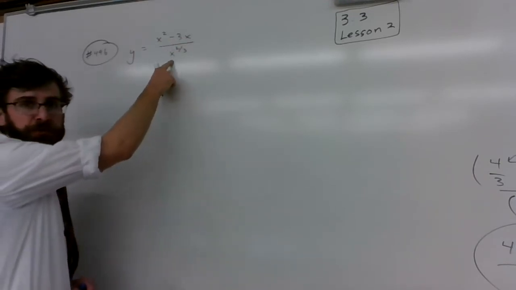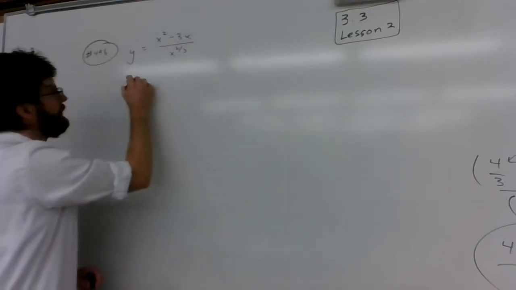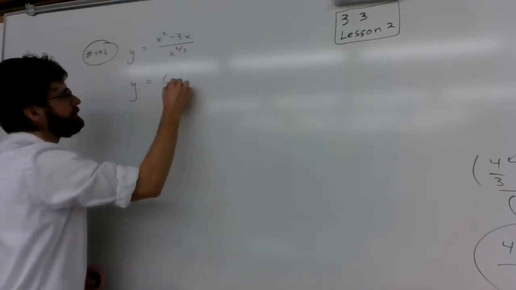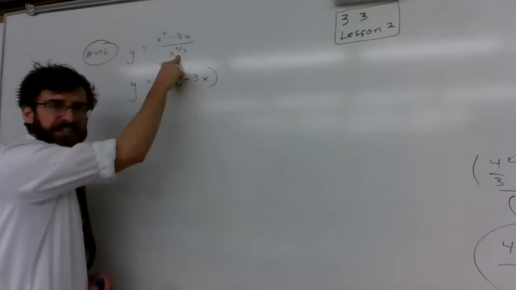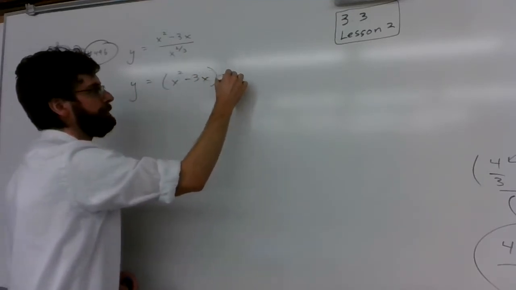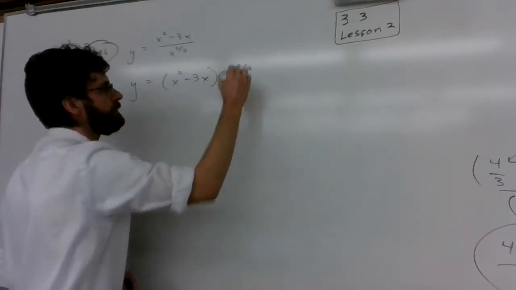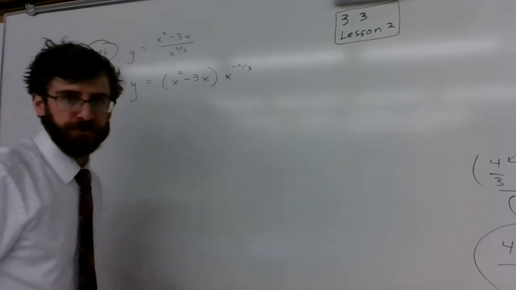What you would do is you'd bring your denominator to the top and change it from a positive exponent to a negative exponent. That's how you'd create product rule in this situation.